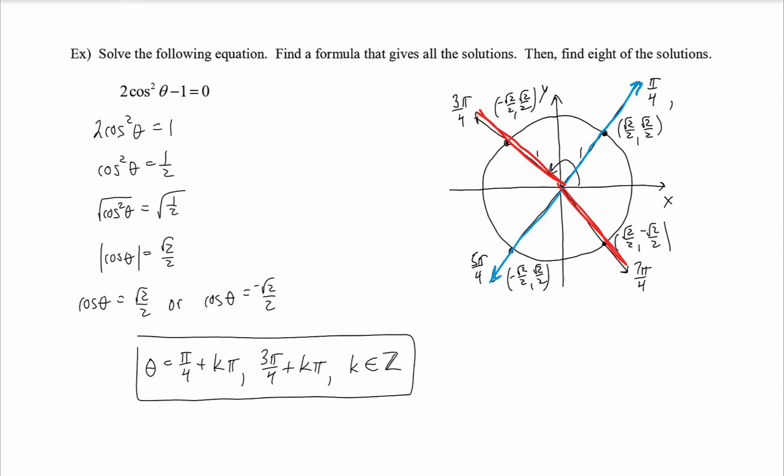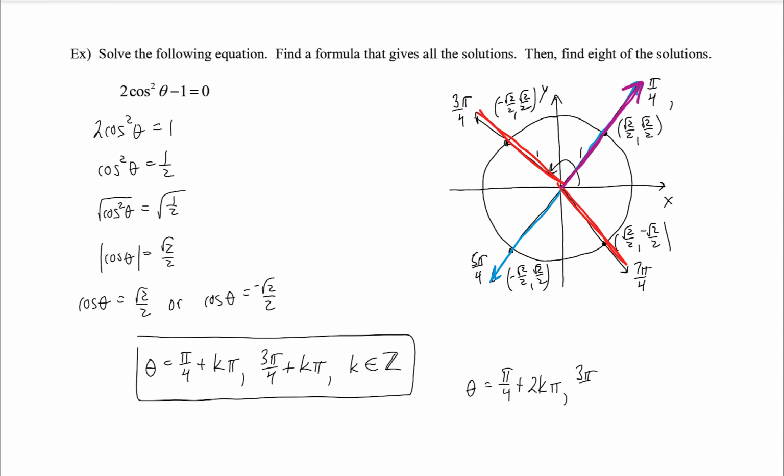Now, that's not the only way that I could write down that answer. If I wanted to, it'd be a longer way to do it, but I could say, okay, I don't want to think through all that, Mr. Franklin. Can't I just say it's pi over 4 plus 2k pi, which would take care of every single answer I get from this terminal side? Yes, you could. But then you have to do that for each terminal side.